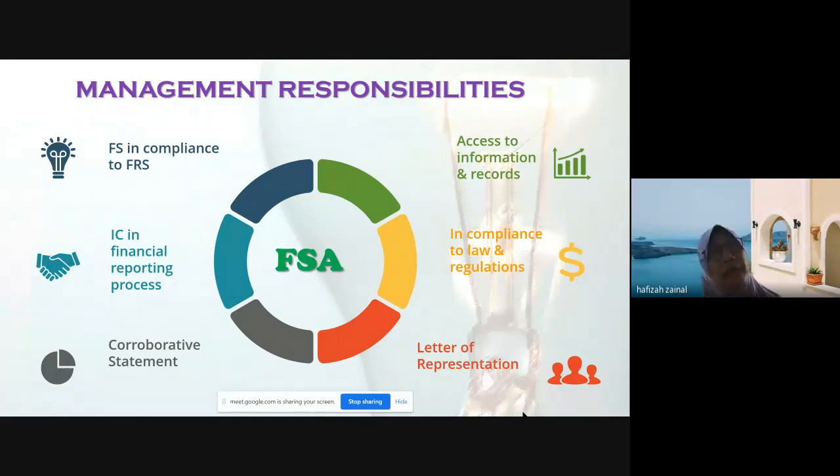So what happens if that situation occurs? For auditors, we have to know that in the course of the audit, there shouldn't be any restriction. Because if there is a restriction to access any information or records, it might change your audit opinion, even though everything else is okay, true and fair.